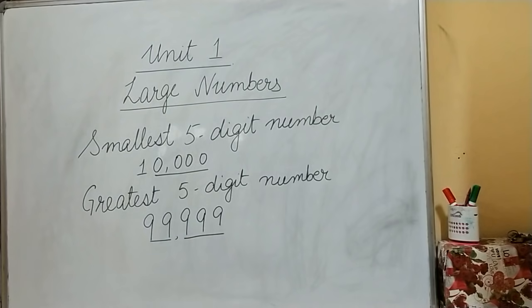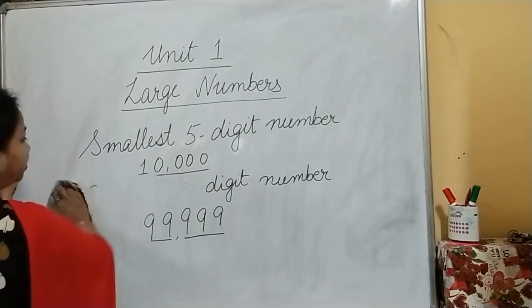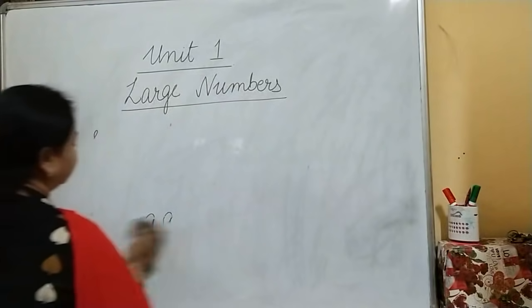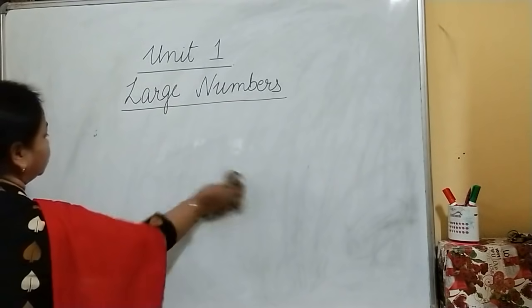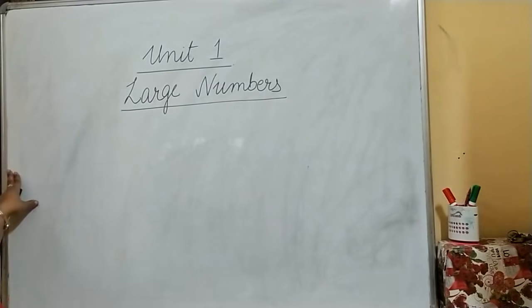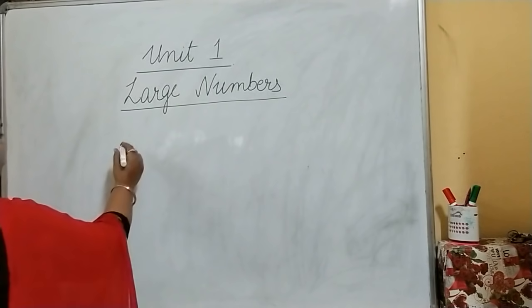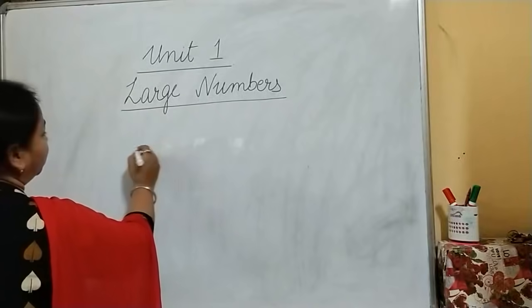I hope everyone got revision through these small examples. Now, I will write some more examples so that the concept is clear to all. First of all, I will take the smallest 5-digit number under some headings. Here I go.